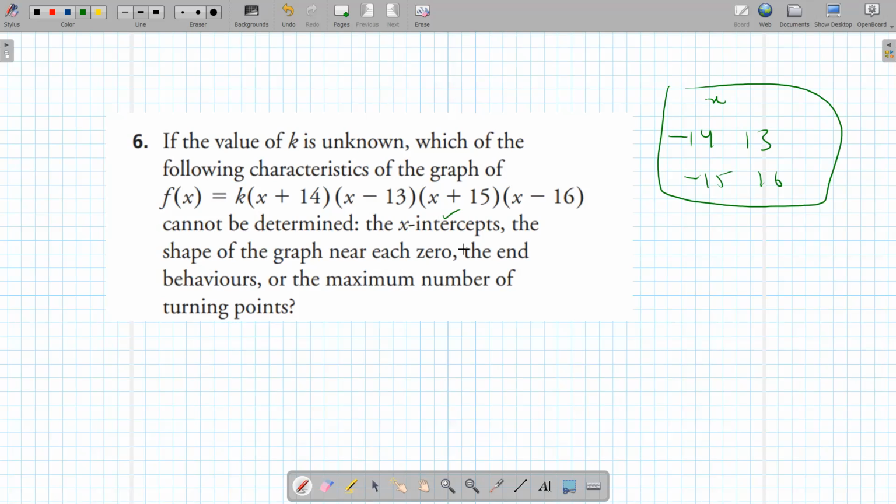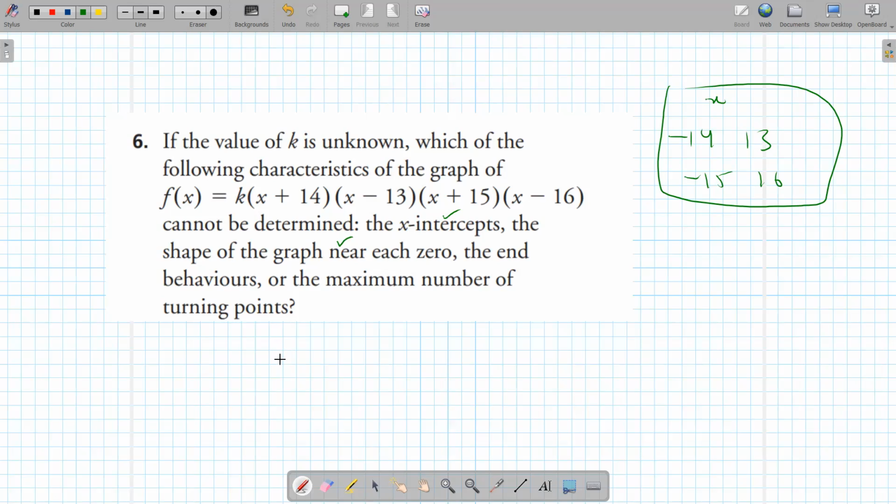What about the shape of the graph near each 0? Also yes, exactly. They're all root 1s, so they're just gonna cross, nothing fancy going on. The end behaviors. Could we find that without having the leading coefficient? No, you can't.